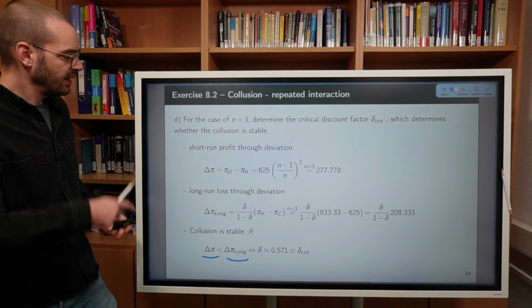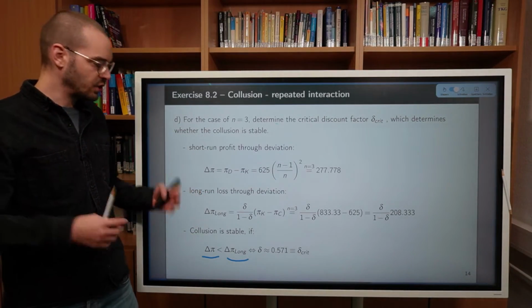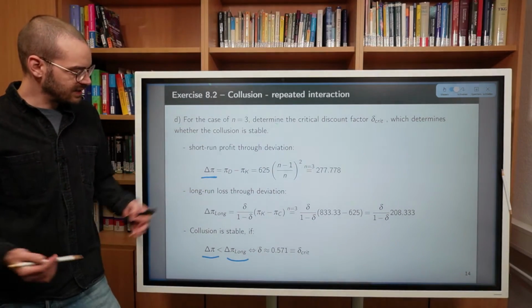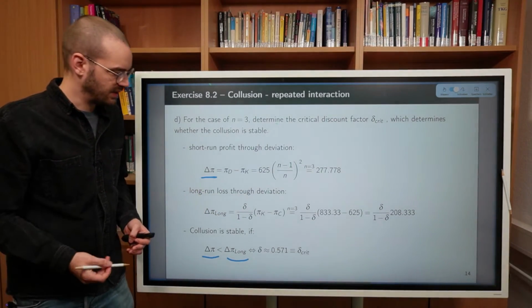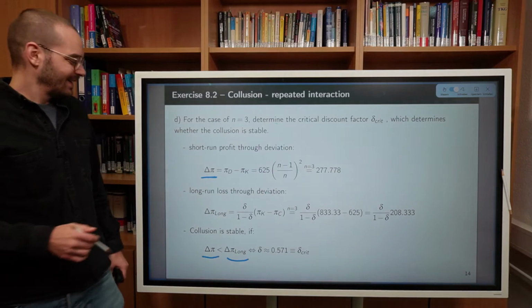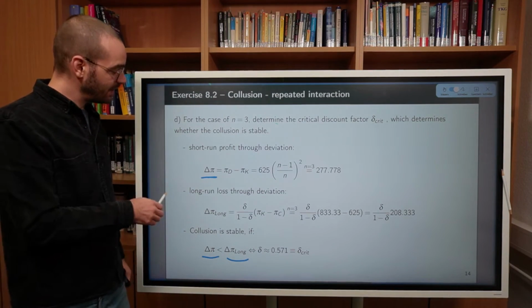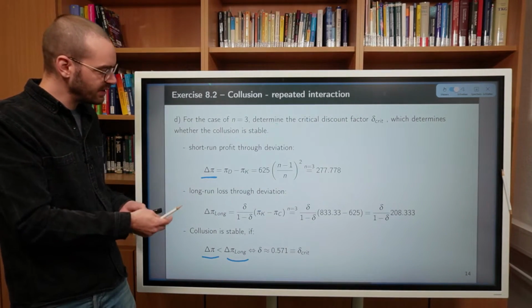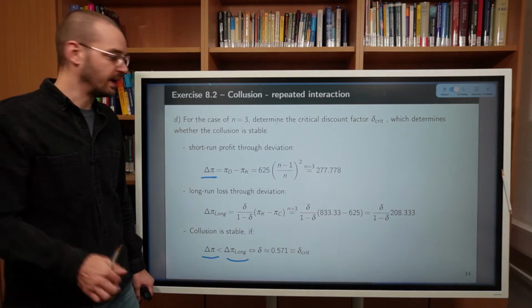All right, so we have found expressions for the short-run change in profits through deviation, right? Just as a reminder, the difference in profits, delta pi, was equal to the profits under deviation, pi d, minus the profits under collusion, pi k.